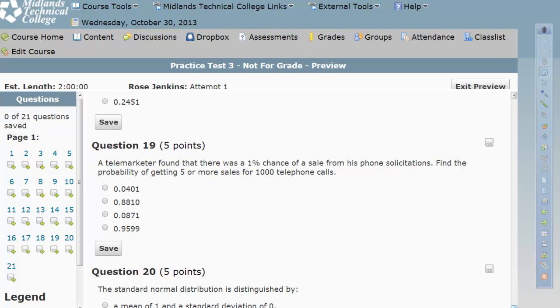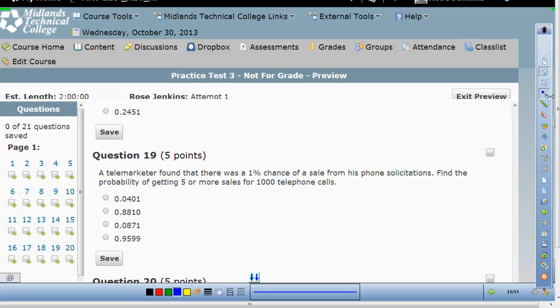Greater than or equal to? What type of distribution do we have? Binomial. Very good.